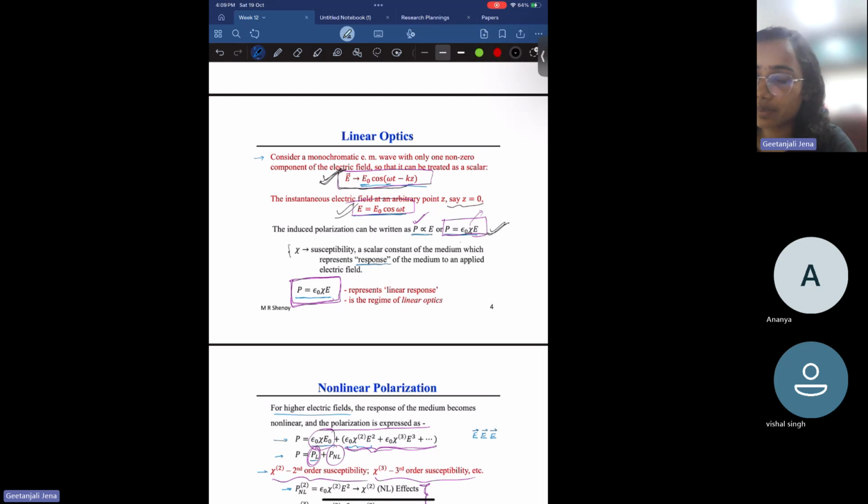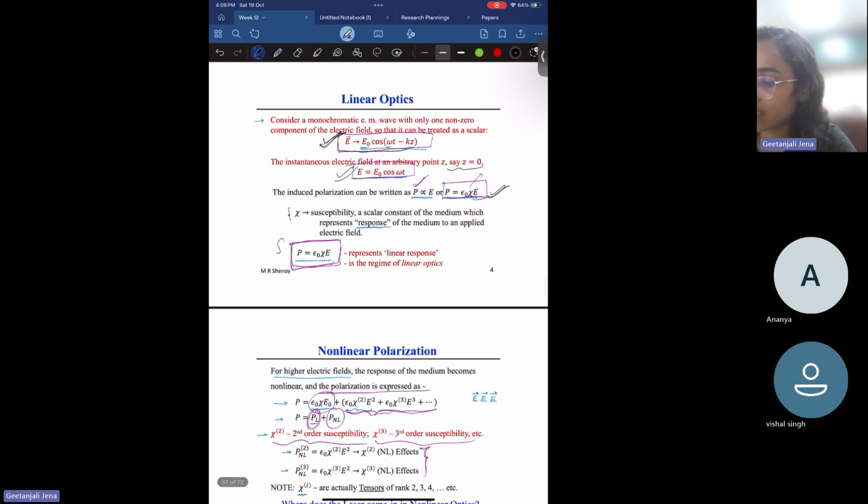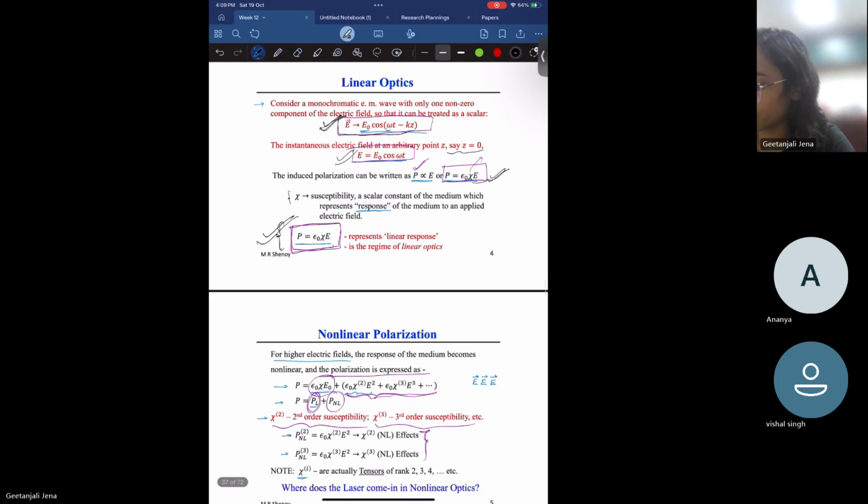It represents the response of the medium to an applied electric field. This we have seen earlier. This is the definition of a linear material. So please remember these equations.